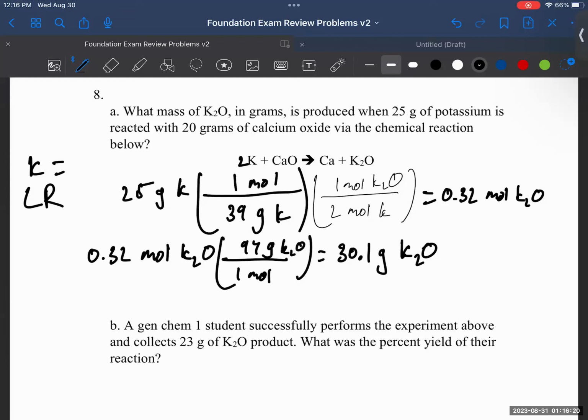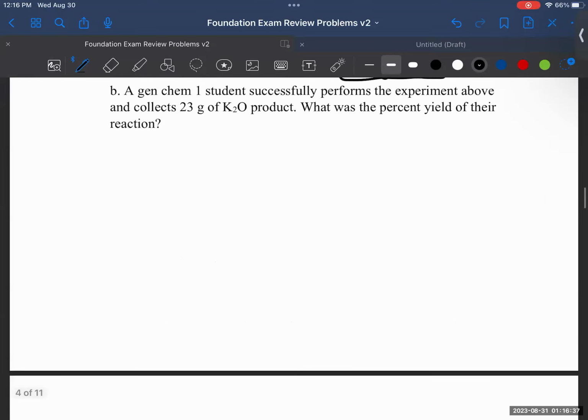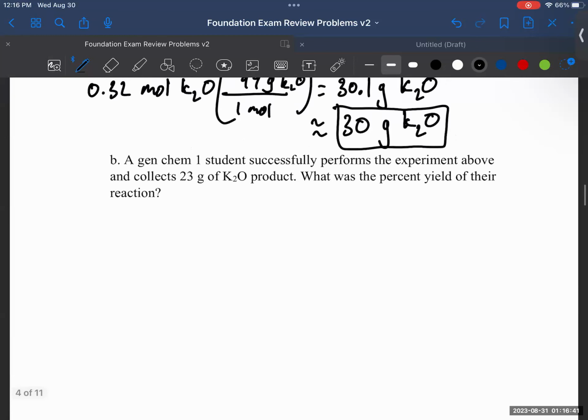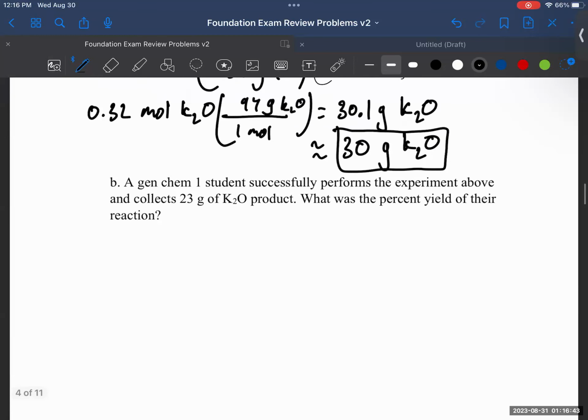So 20 only has one sig fig, so we only have to go to one sig fig. So 30.1 rounded to one sig fig is what? 30. Just 30, yeah. So this would be 30 grams of K2O. All right. And that is that for part A. Any questions over that?